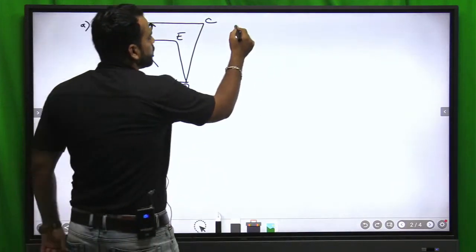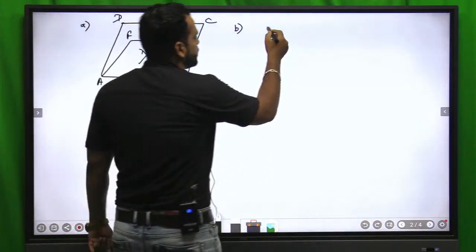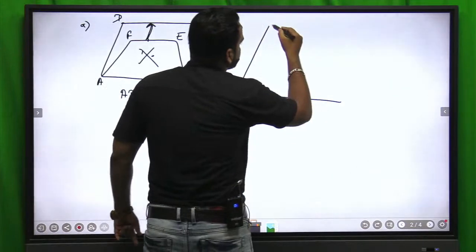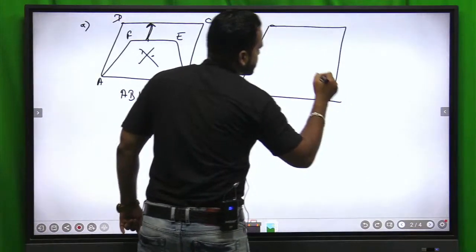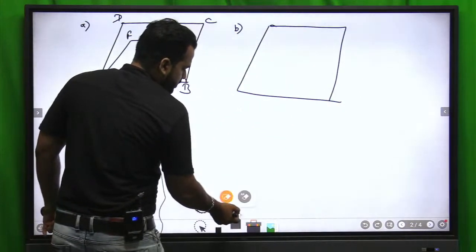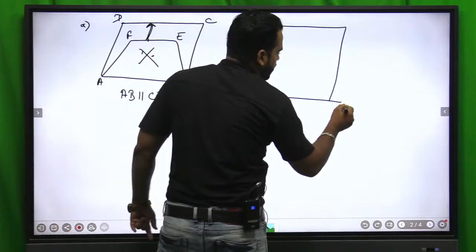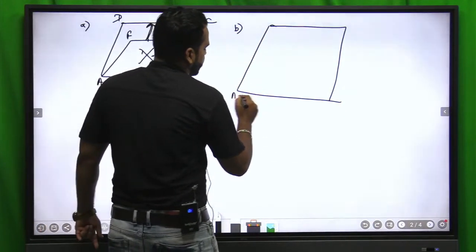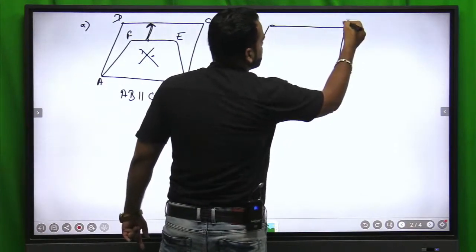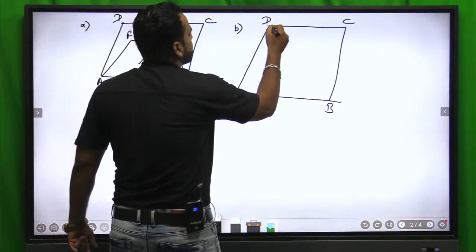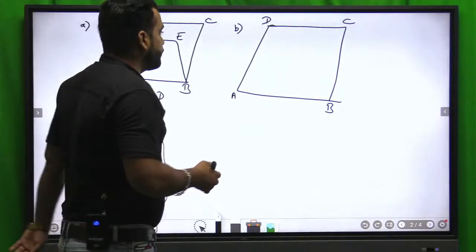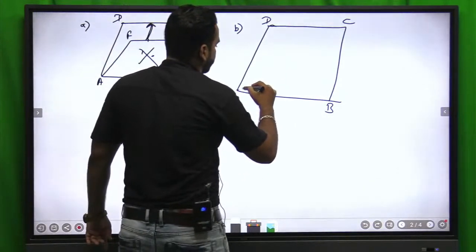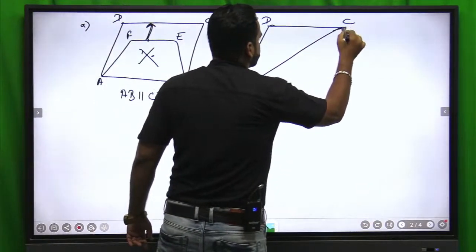Okay, now let's take another example. Suppose this is a parallelogram, and we name it ABCD. We draw a figure like this.